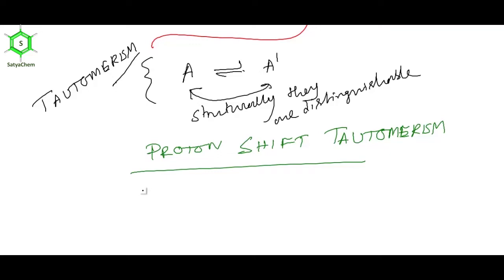First, in this category, that is proton shift tautomerism, first comes keto-enol tautomerism, and that is very important.